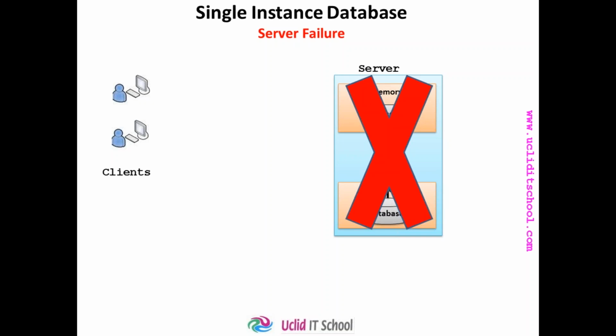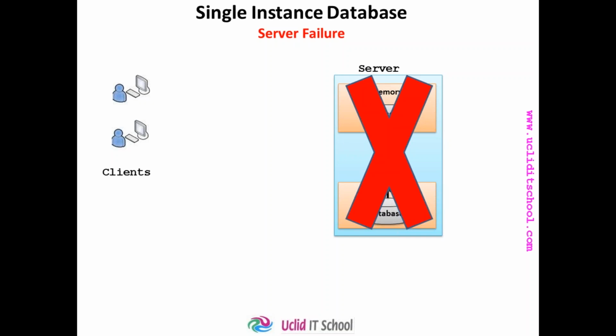Another drawback or shortfall in a single instance database is that you have only one instance, right? And every instance has capacity and sizing, as in how much load it can bear, how many concurrent connections it can have.